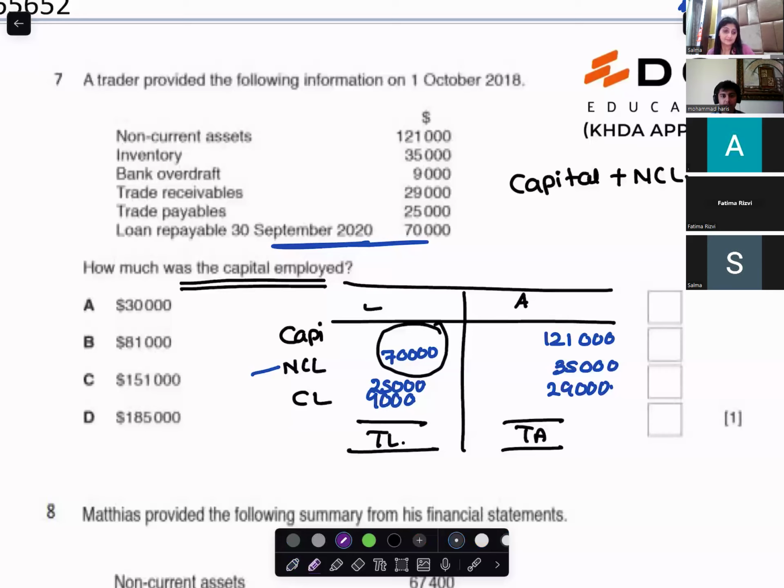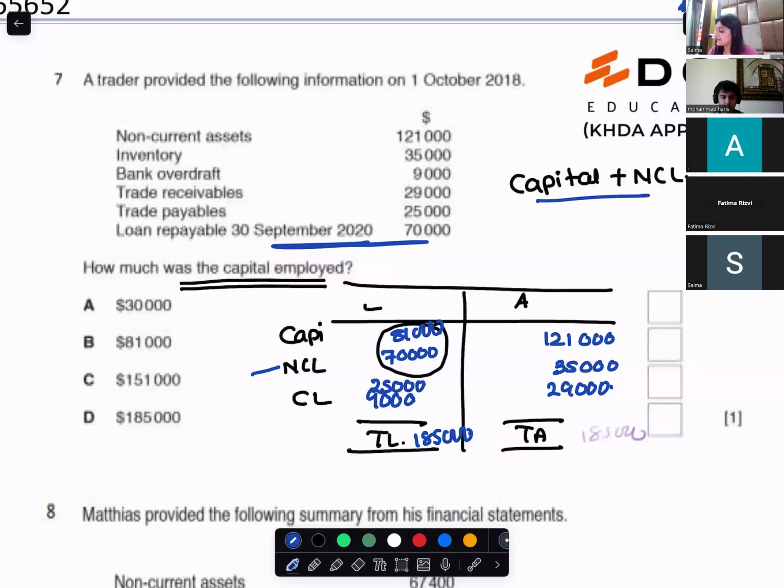What is your total assets? Total assets, 185,000. So your total liability should also be how much? 185,000. So 185,000 minus 9,000 minus 25,000 minus 70,000 gives you a capital of 81,000.